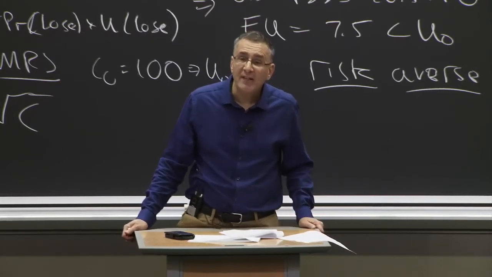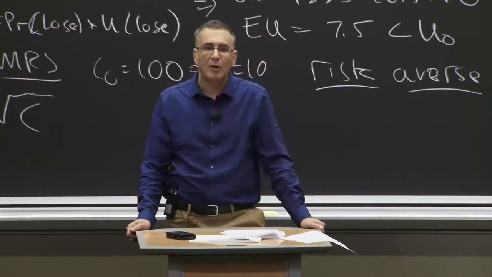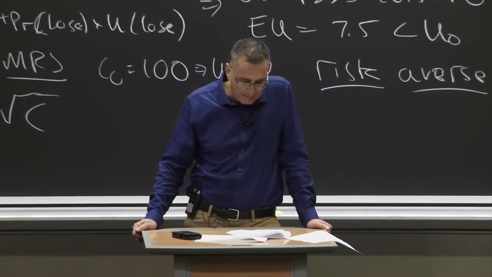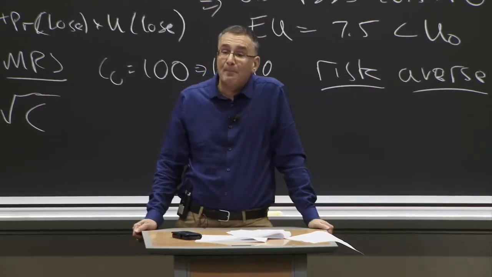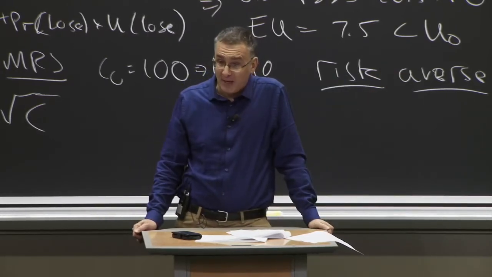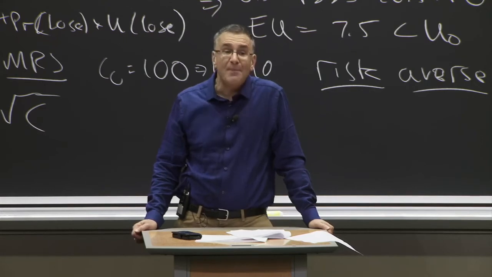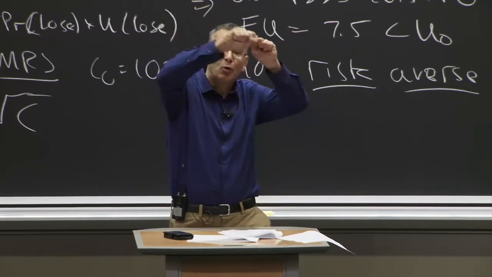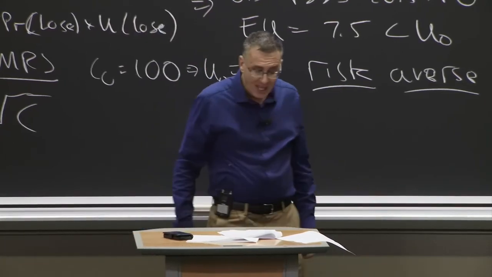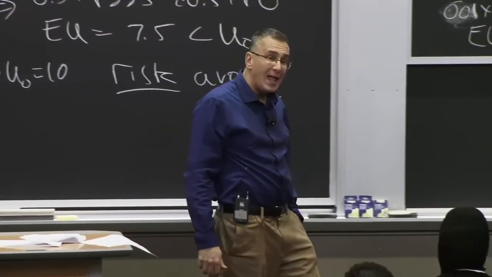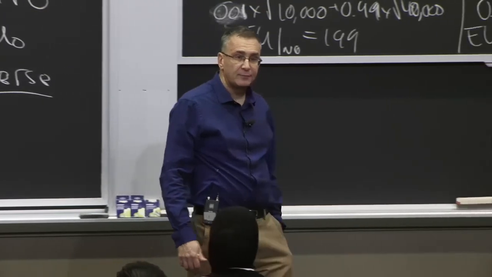Now, here's a couple things I'd like you to show yourself in your copious spare time. Okay? First of all, this risk premium should be bigger as the loss gets bigger. Why? Because you're moving away from that linear part towards the nonlinear part of your utility function. Similarly, this risk premium should fall as your income is higher.